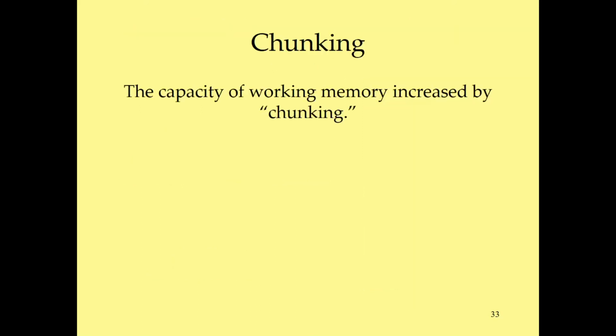Now, we can increase the functional capacity of short-term or working memory by using chunking. For example, remembering this list of letters with a number in there, we could chunk that into FBI, LOL, CIA, F4WD, four-wheel drive, let's call it.